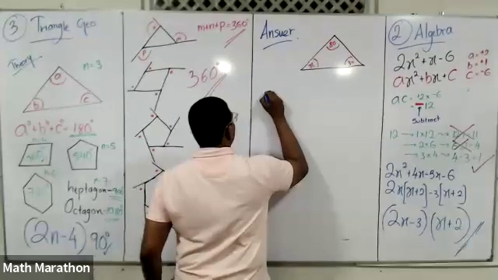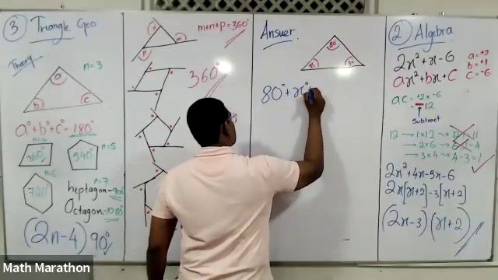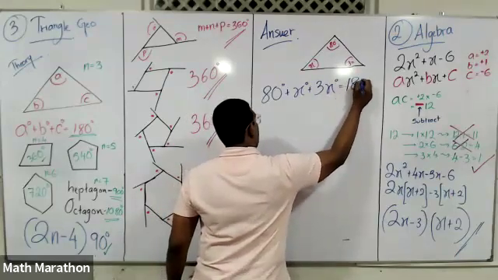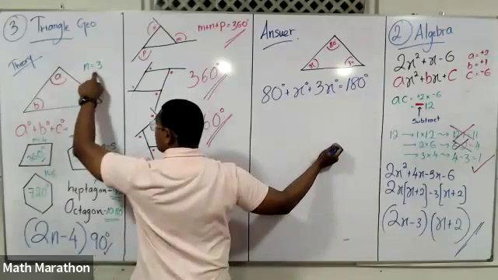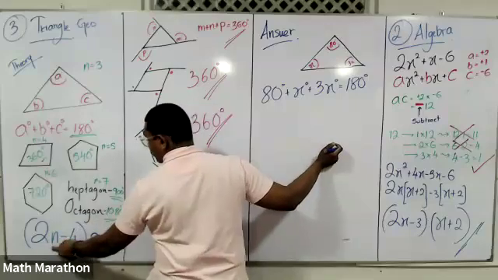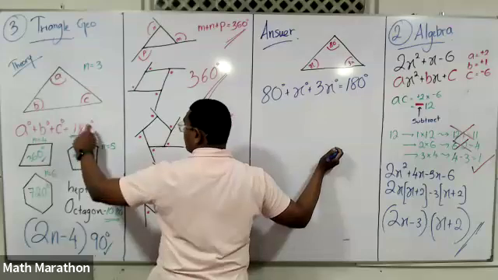What did I tell you? 80 plus x plus 3x equals 180. Why? I know it and I have proved it. 2 into 3, 6. 6 minus 4, 2. 2 into 90, 180.